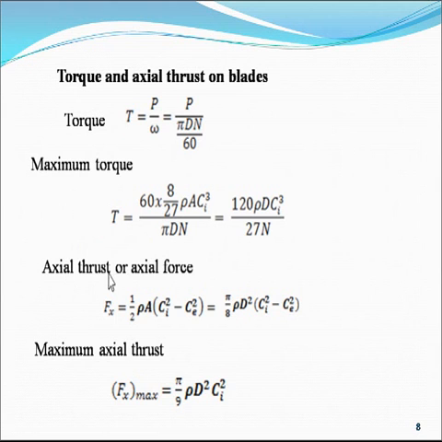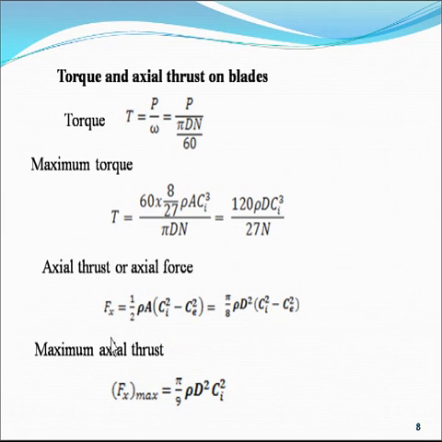Then we have the axial thrust due to wind forces, which is given by Fx equal to half rho A times Ci square minus Ce square. By putting A, we have pi by 8 rho D square times Ci square minus Ce square.